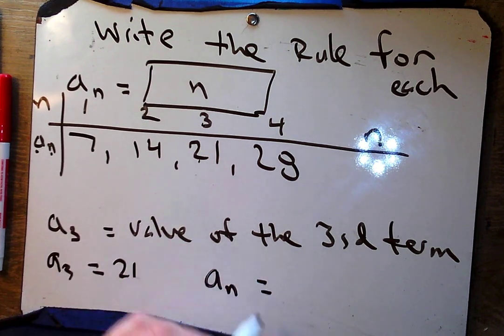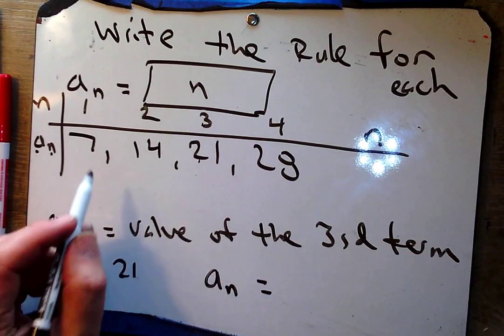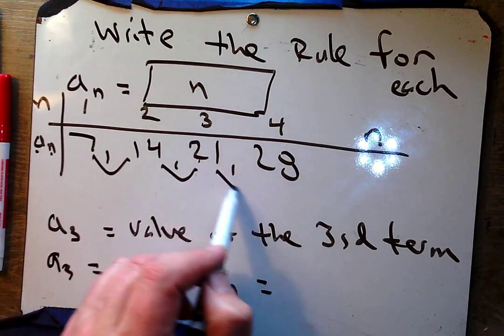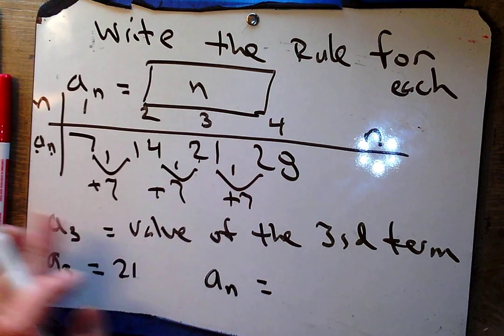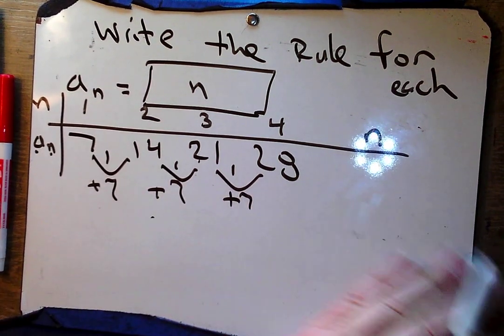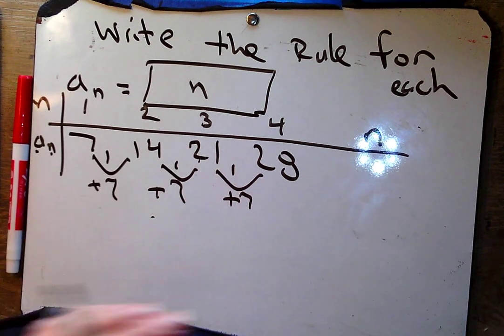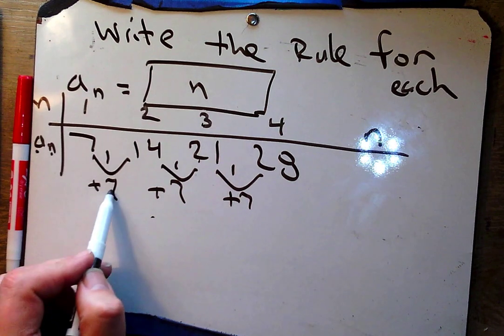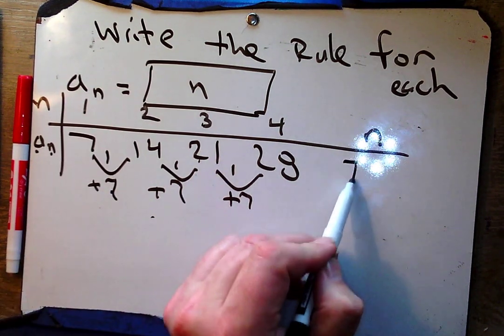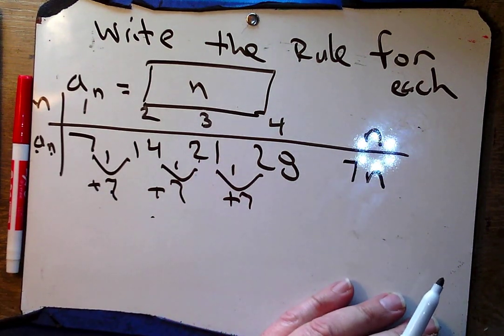They want to know what a sub n equals. What's the general case? What's the rule for this data? And long before I ever got finished jabbering on, many of you said, it's going up by 7 each time, Mr. Kukla. I agree. And since it's going up by the same amount each time, I can use that what's my rule technique where I take that common difference and multiply by n.